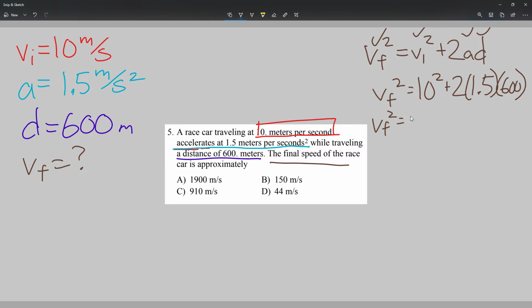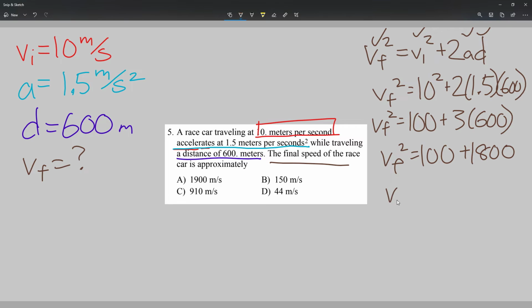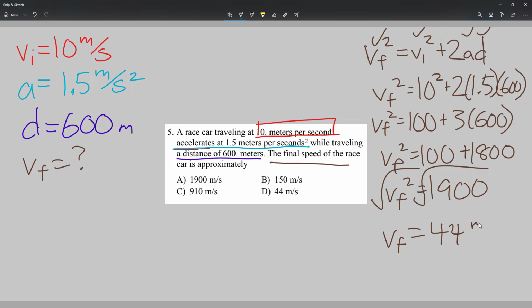VF squared is equal to 100 plus 2 times 1.5 gives you 3. And so now we have 3 times 600 is 1800. 100 plus 1800 gives you 1900. We're going to take the square root of that, gives us 44. All right, the answer is D here.